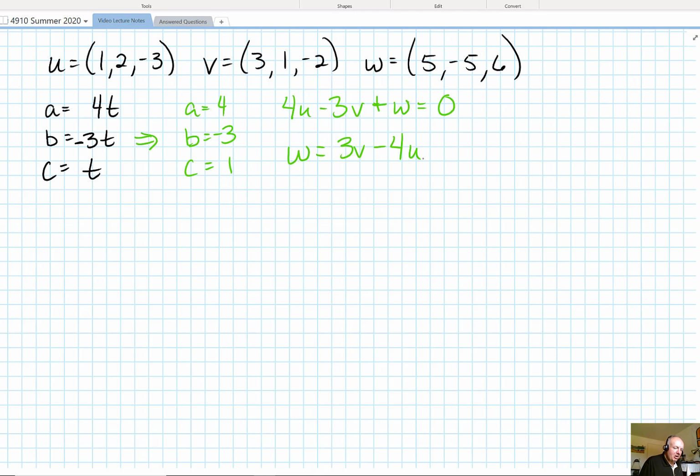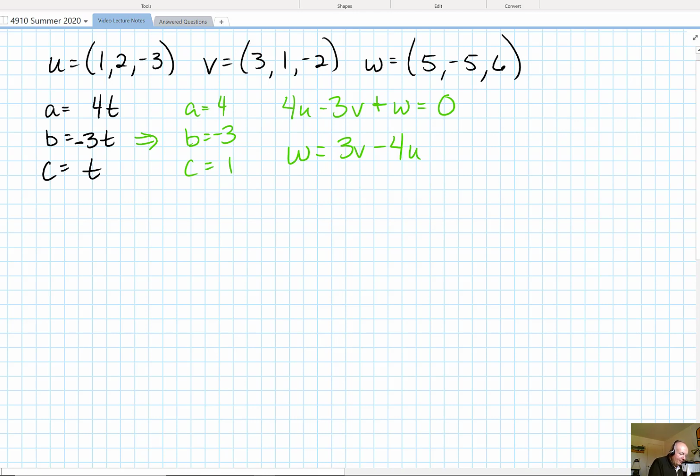You'll see problems that say determine if these vectors are independent or dependent. If they are dependent, like this case, then express w as a linear combination of u and v. And that's all we've done. There are actually many linear combinations that we could use.